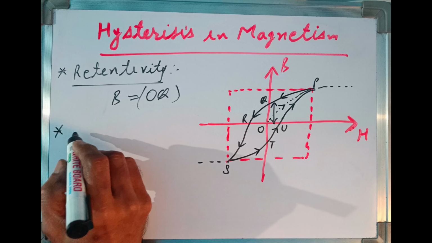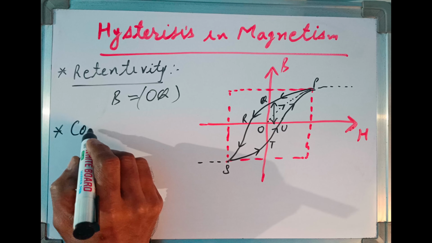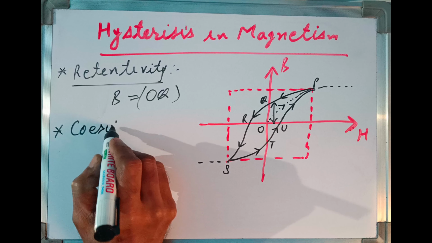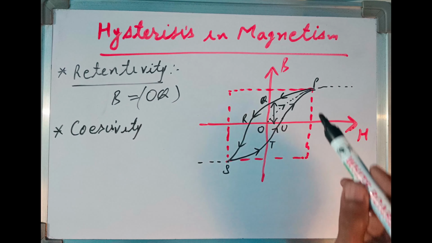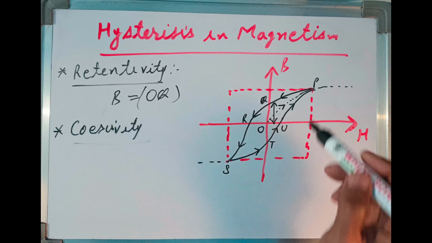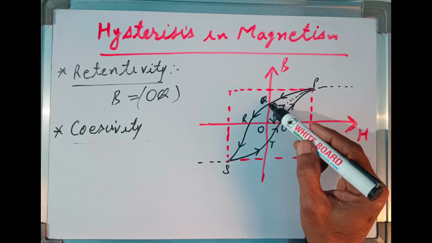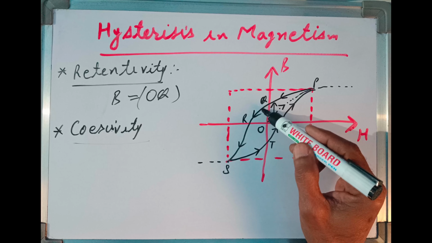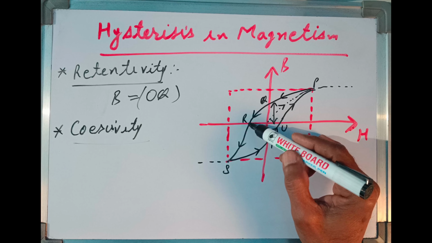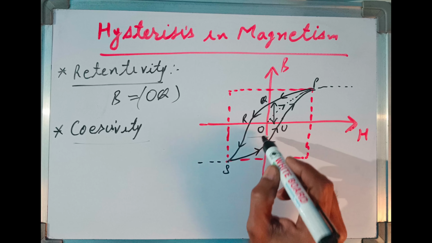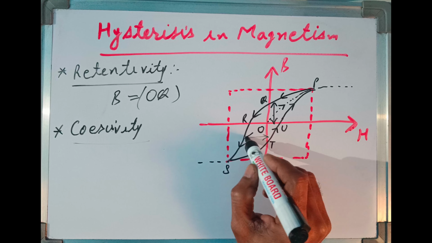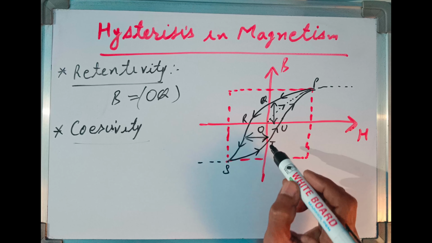The second property I want to share is coercivity. What is the meaning of this? Let's again discuss this graph. When I decrease the value of H in the opposite direction, that is, H is made negative, then at a certain negative value of H, the magnetic field inside the body becomes 0.